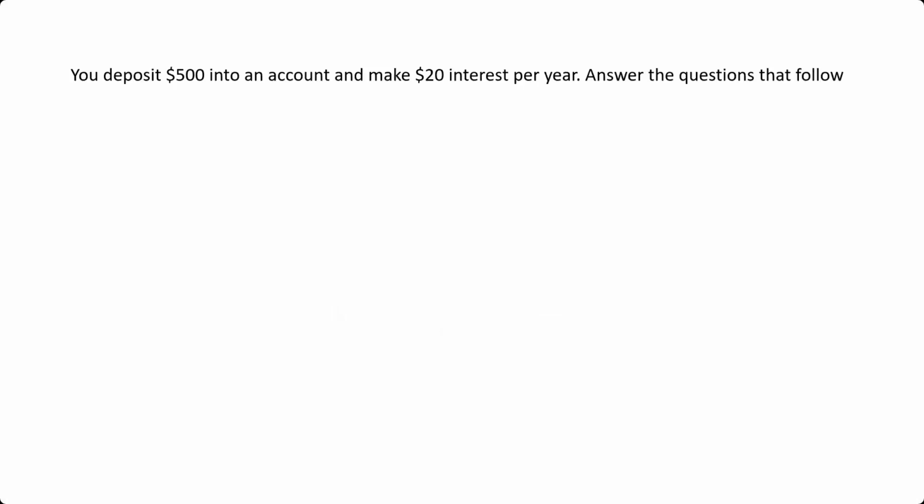You deposit $500 into an account and make $20 interest per year. Answer the questions that follow. Write the equation for the amount after x years. So if you're depositing $500 into an account and make $20 interest per year, we should ask, is it linear or exponential?